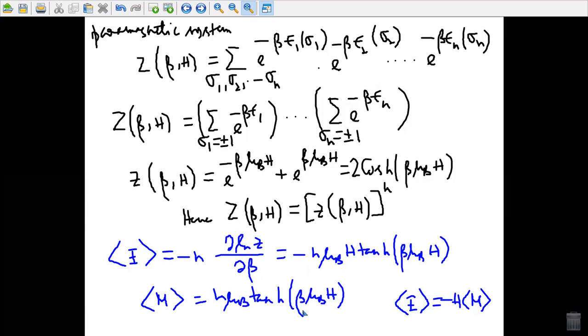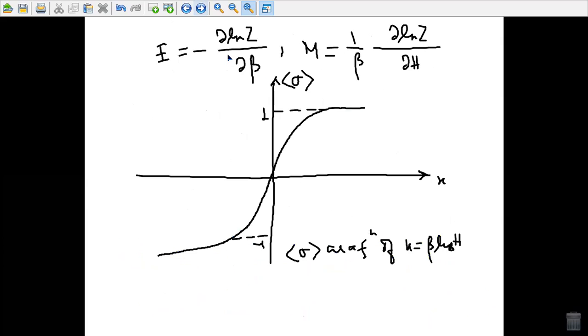So one can write this average energy is nothing but minus the field times the average magnetization. So from the dependence upon this partition function, one can calculate the average value of energy, that is minus del beta of ln Z, and the magnetization, which is 1 by beta del ln Z del h.